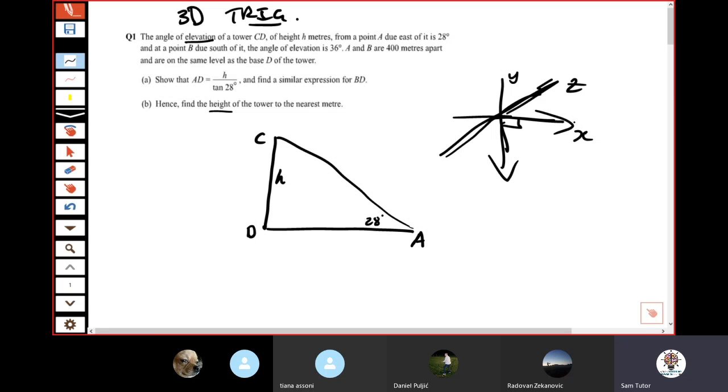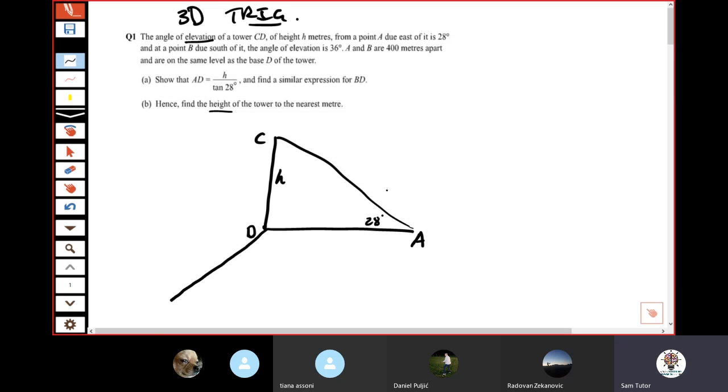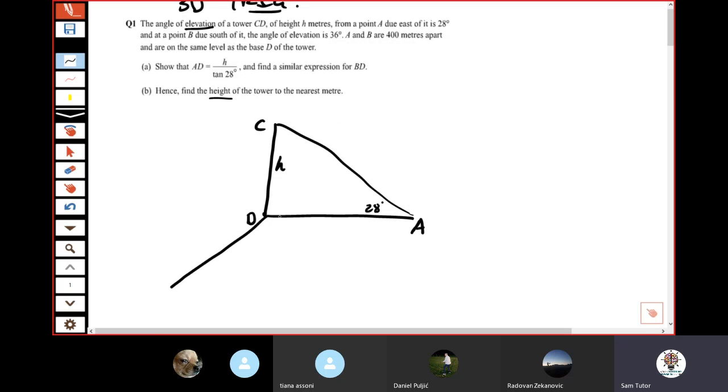So x, y, and z, 3D. We're going to create our z-axis, and the way you do it, you just create it like that. And then A was due east, B due south of it, so that would be 90 degrees.